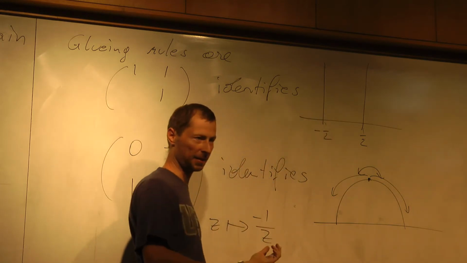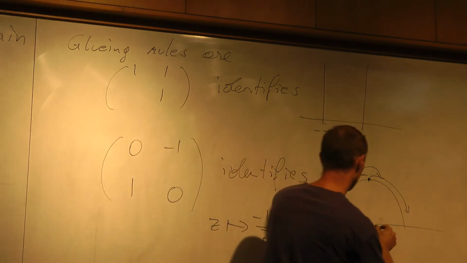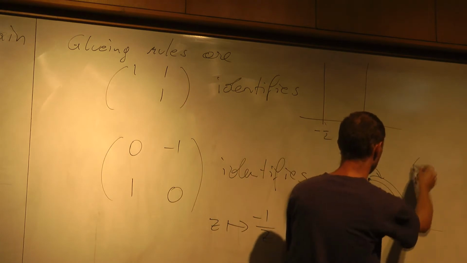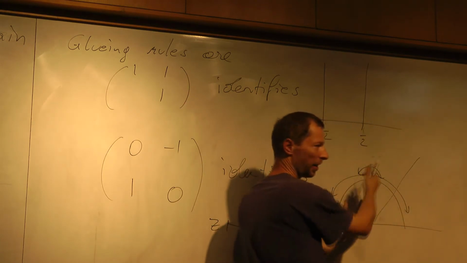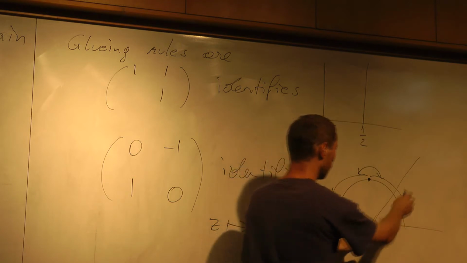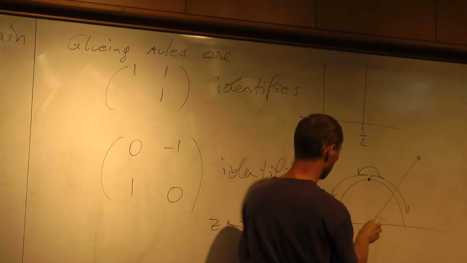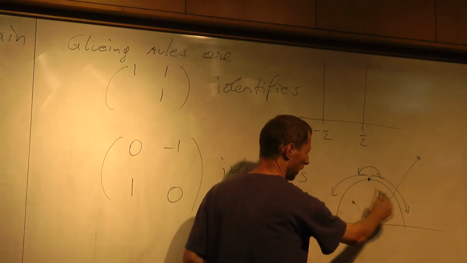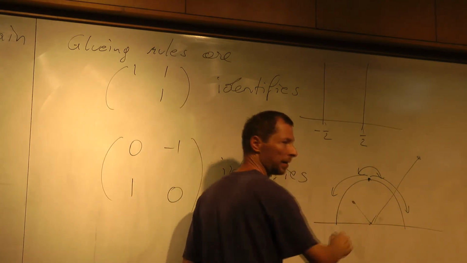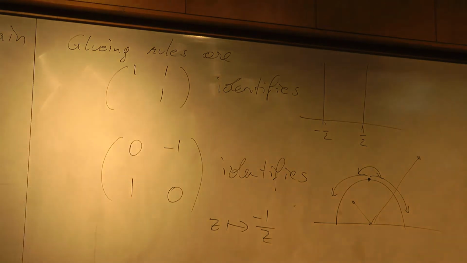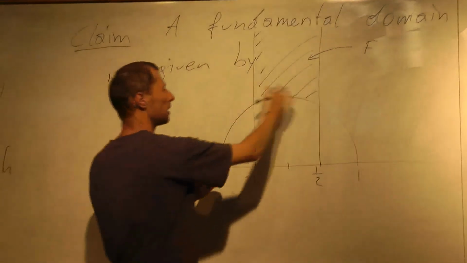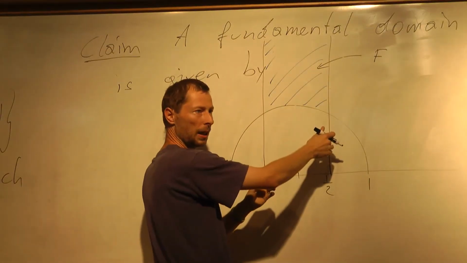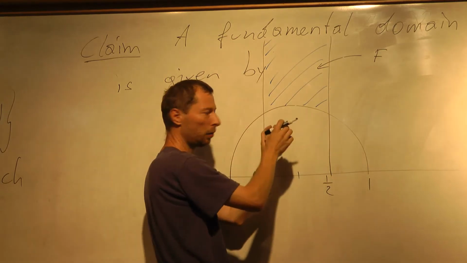But other than that, it's almost the same. So actually, it's inversion on the circle and some conjugation along the y-axis. So this point goes to that point, which makes sense because I'm claiming that this line gets mapped to that line. So if you glue that to that, you get a tube, which is half open at some side. And then this tube gets glued to itself.